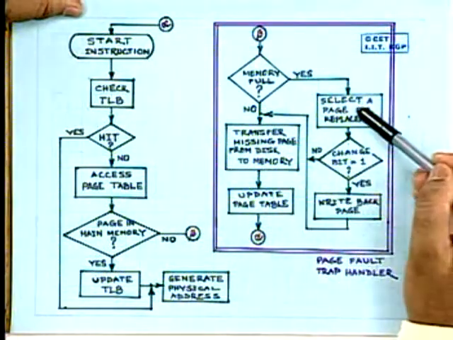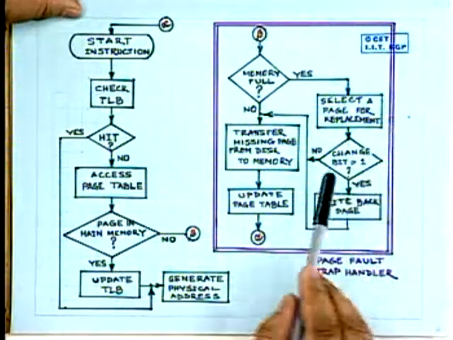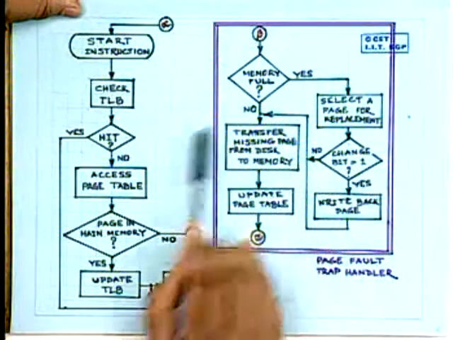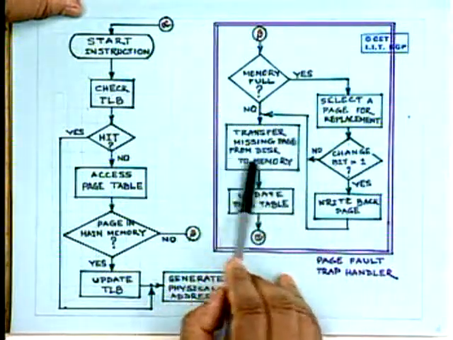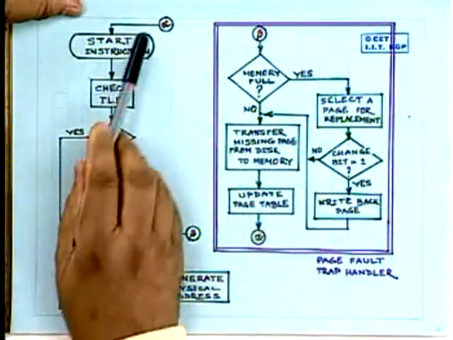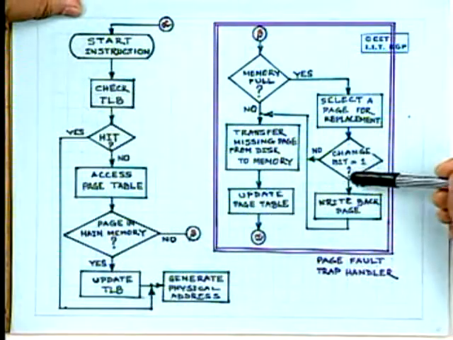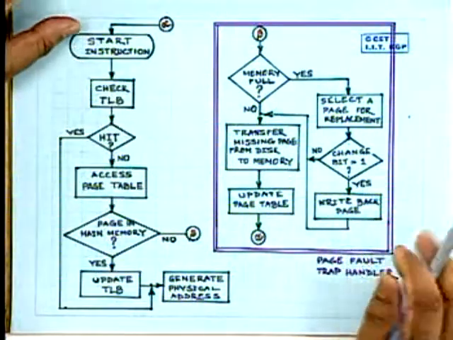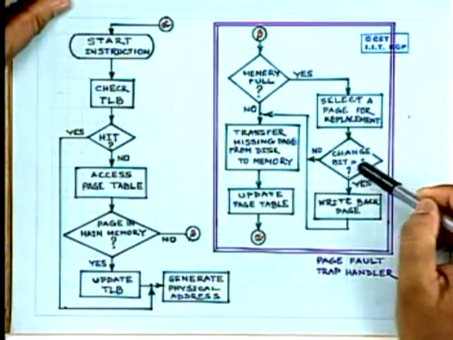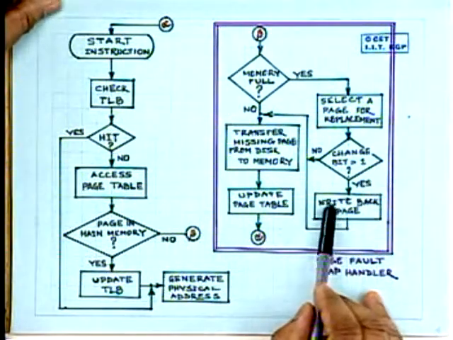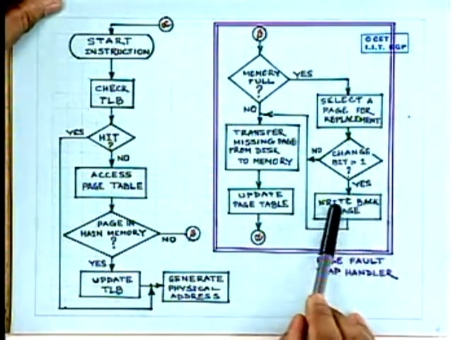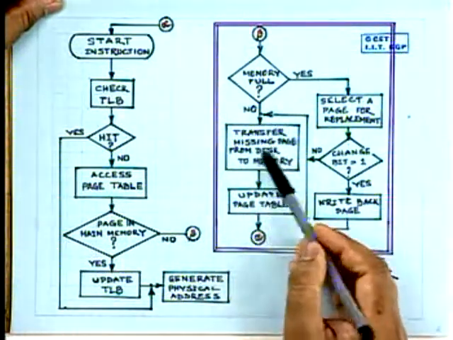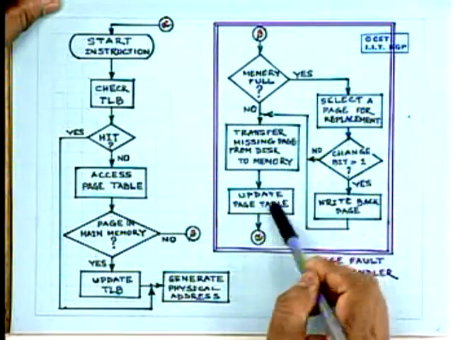If the change bit is not 1, that means it has not been changed, then we transfer the missing page from the disk to memory, update the page table, and come over here. But if the change bit is 1, that means that particular page has been modified after it was last brought into physical memory. Then we'll have to swap back, that is, write the page back into its proper place in the backup storage, and only then can we transfer the new page, update the page table, and go back.